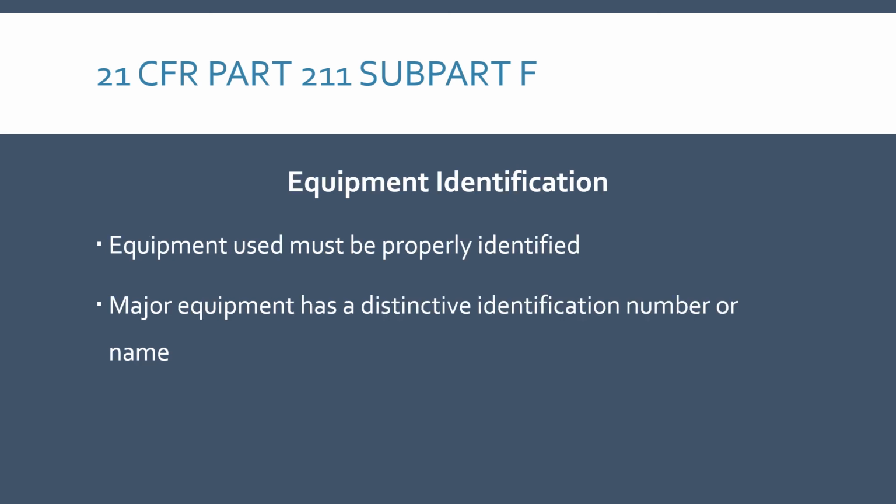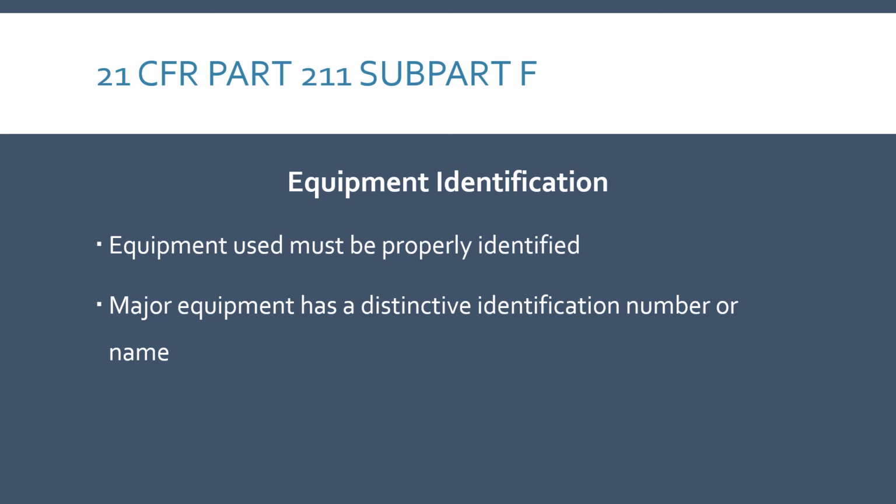All compounding and storage containers, processing lines, and other major equipment used during the production of a batch of a drug shall be properly identified at all times to indicate their contents and, when necessary, the phase of processing of the batch. If there's any type of major equipment, it shall be identified by a distinctive identification number or code, and it shall be recorded in the batch production record to show the specific equipment that was used in the manufacturing of each batch.